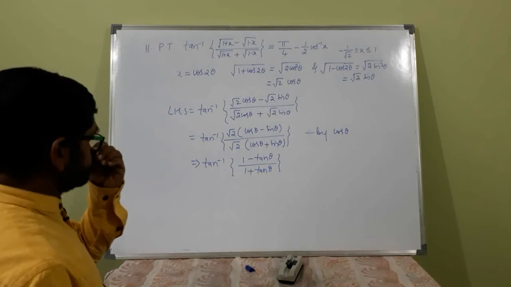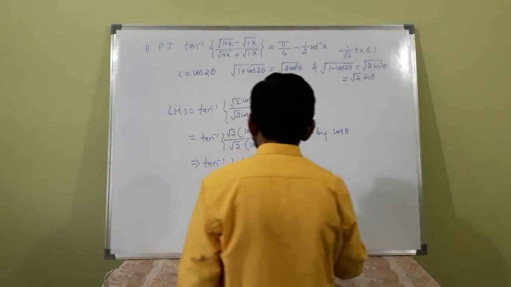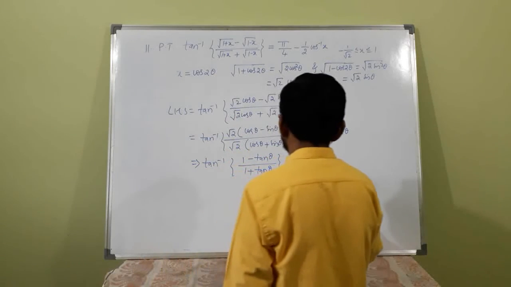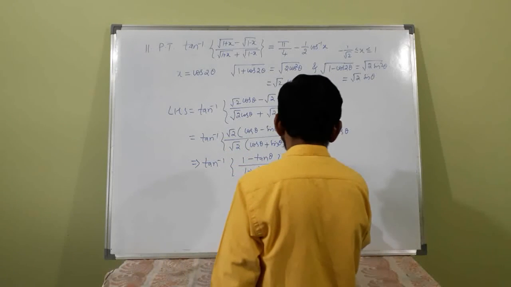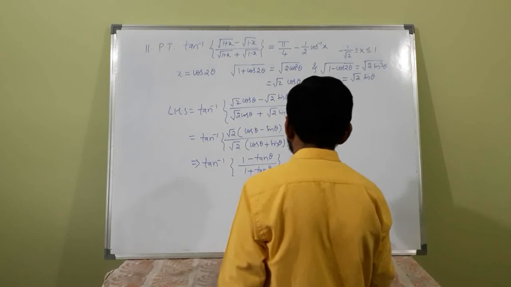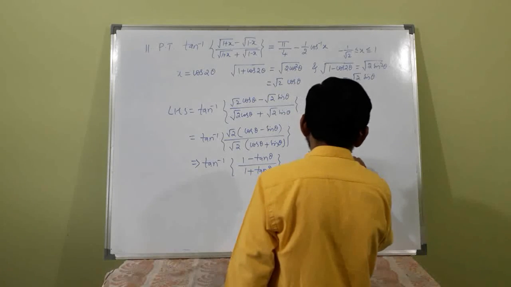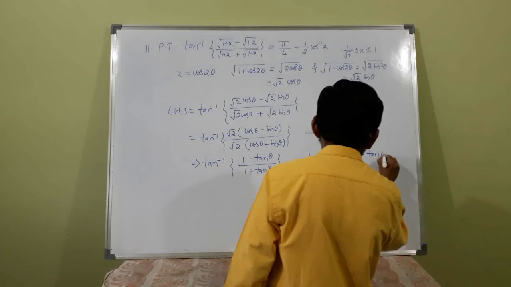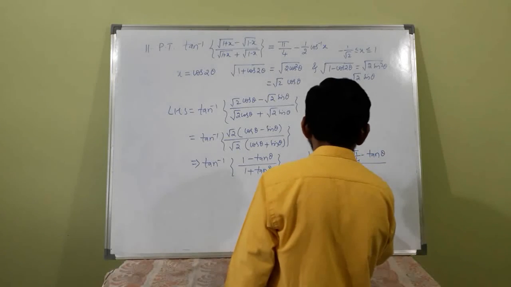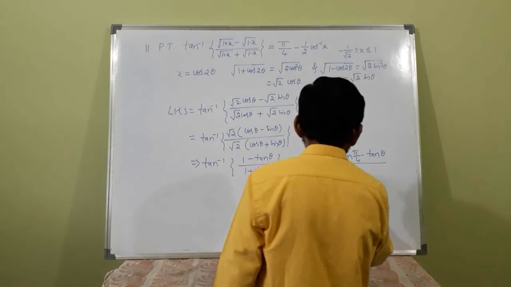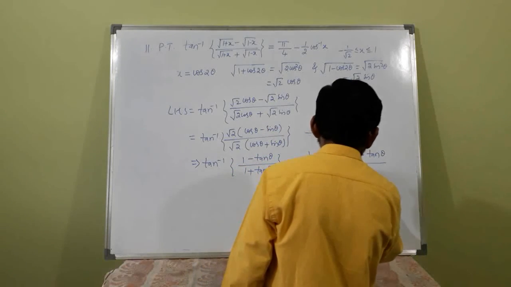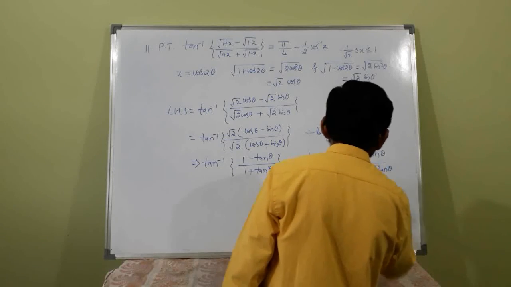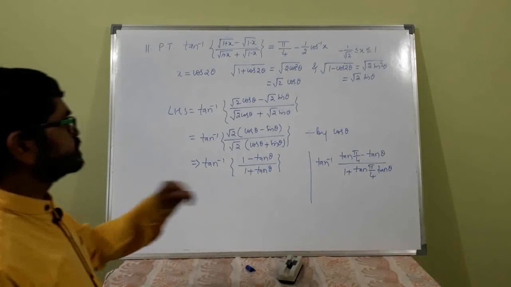So one see here, tan inverse of tan 5 by 4 minus tan theta divided by 1 plus tan 5 by 4 into tan theta, because tan 5 by 4 is 1. You can write like this.